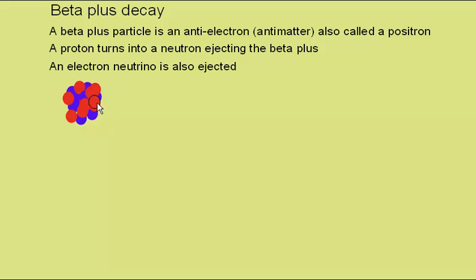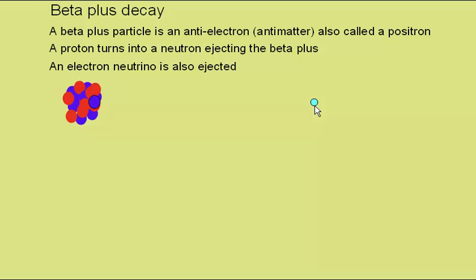This is the proton which is going to spontaneously change into a neutron, ejecting the beta plus particle.